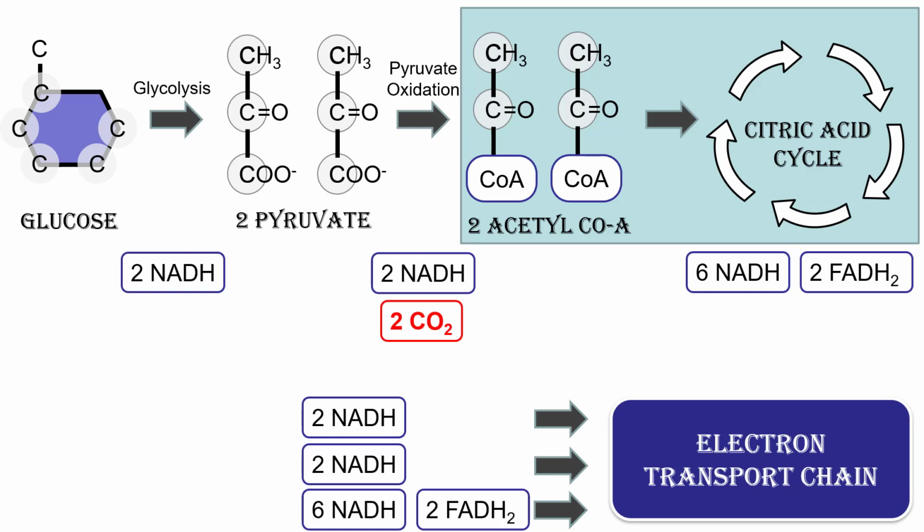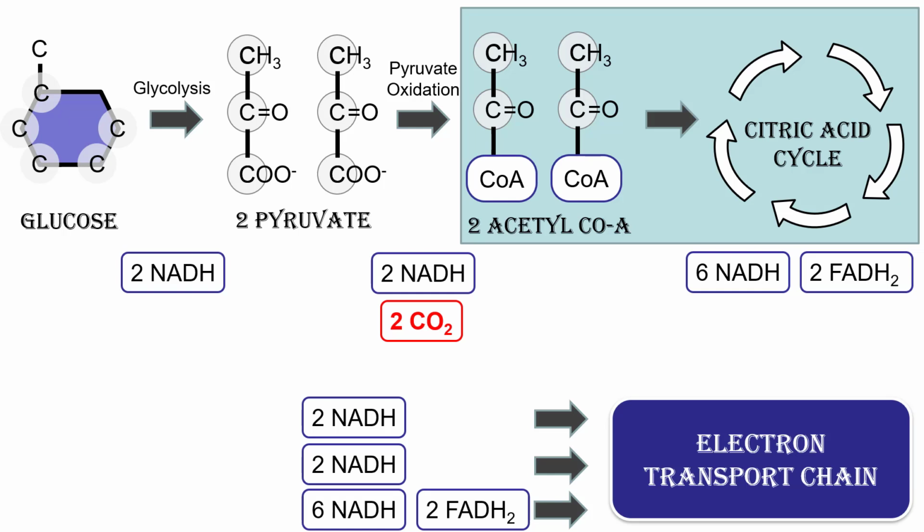So the acetyl groups enter into the cycle, but there's no molecule that is a result of this. The acetyl groups join with oxaloacetate, and as that molecule continues to be modified and rearranged throughout the cycle, it gets back to becoming oxaloacetate, okay? And then the cycle continues. Now oxaloacetate can bind to another molecule of acetyl-CoA, and the cycle can turn again.